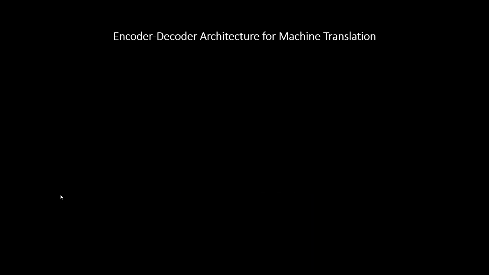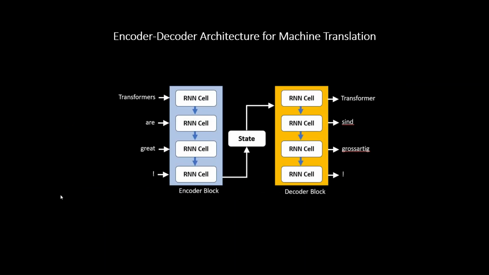Let's see the encoder-decoder architecture of the machine translation task. You can see here both the encoder and decoder blocks of this machine translation task. Here in the encoder, a sequence of RNNs are connected, and in the decoder also a sequence of RNNs are connected.